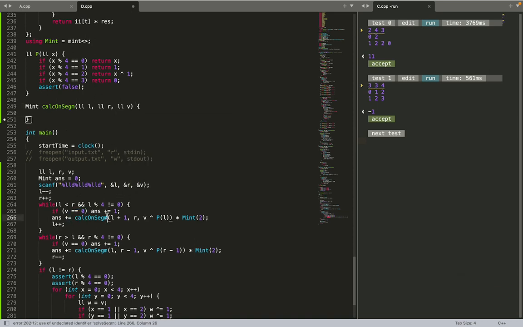Calc on segment should calculate the number of numbers in this half interval for which p is equal to v.